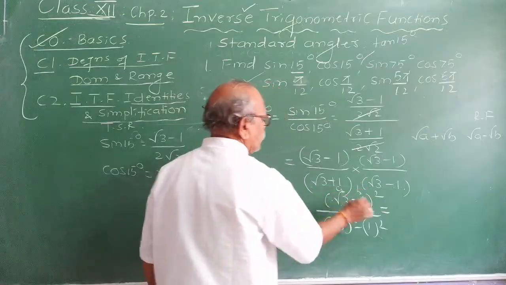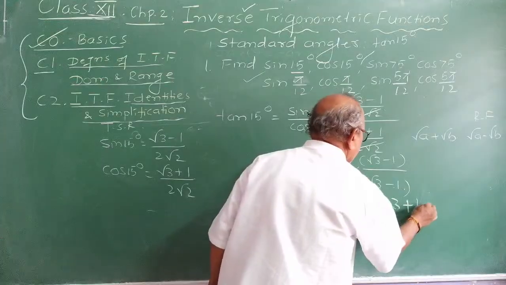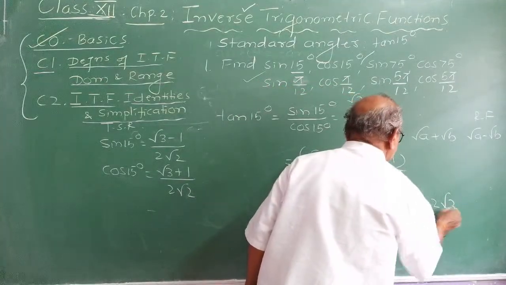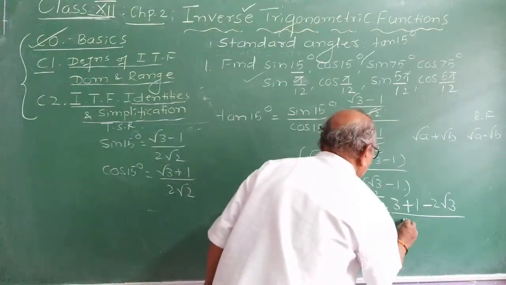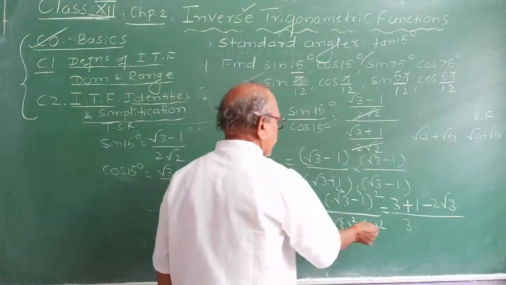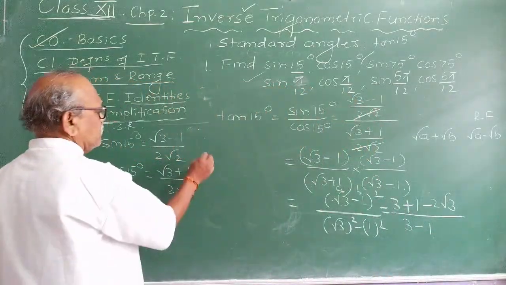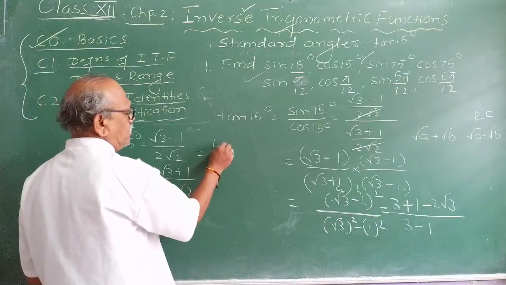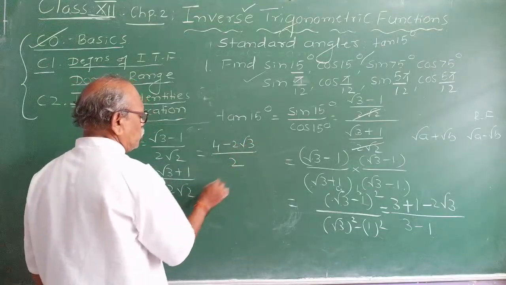A square, root 3 square becomes 3, plus B square is 1, minus 2AB will be 2 root 3. Root 3 square is 3, A square minus B square is minus 1. Now you will get the answer. 3 plus 1 is 4, minus 2 root 3 divided by 3 minus 1 is 2.